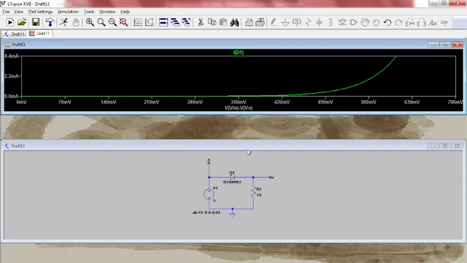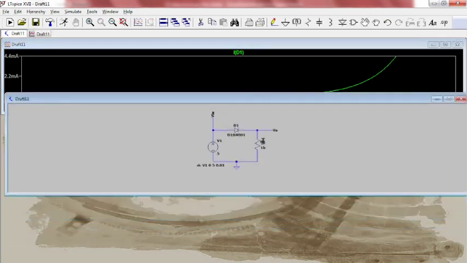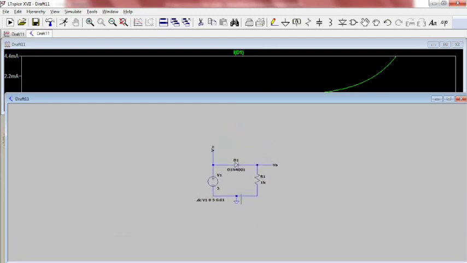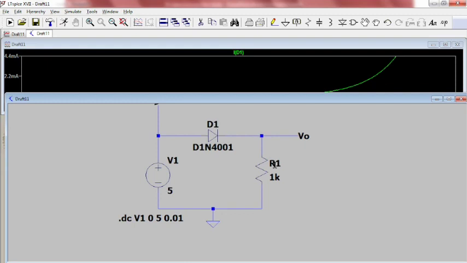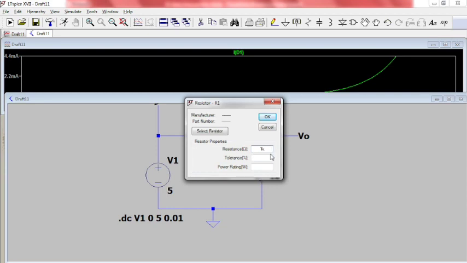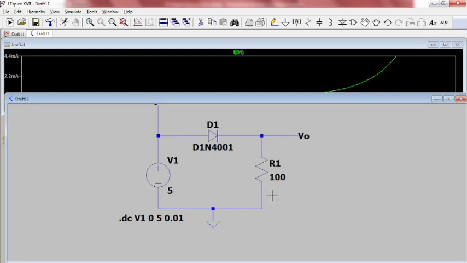What happens if we change the value of the resistance in the circuit? Suppose I am changing the resistance from 1K to 100, what will happen? As the resistance decreases, current flow will increase.